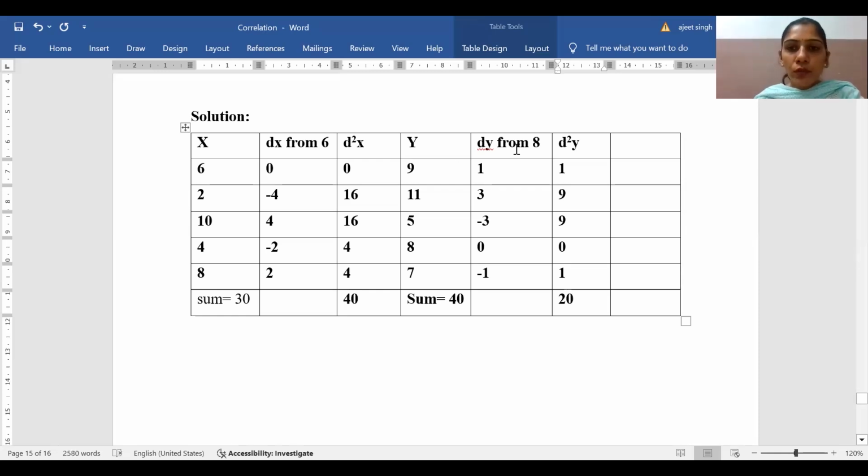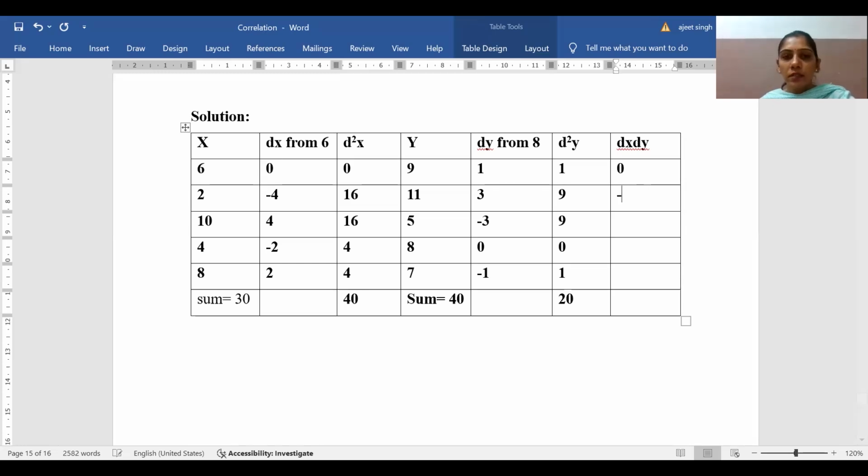Now what we have to do is calculate dx dy. We have to multiply dx with dy. Okay. So 1 into 0 is 0.